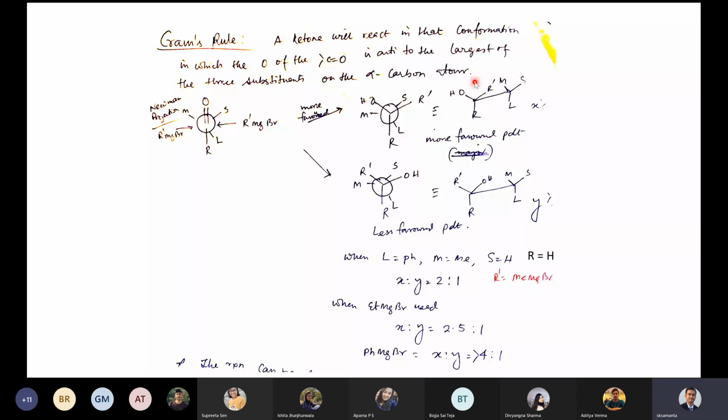One sentence but it says a lot of things. The ketone will assume a conformation where the largest group will be anti to this oxygen atom on the alpha carbon.